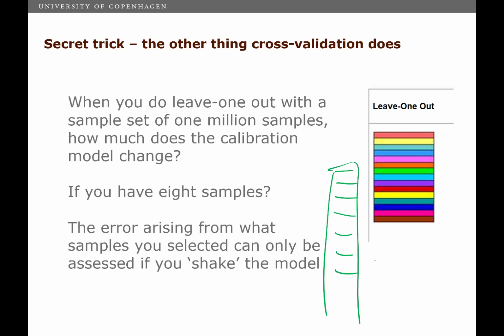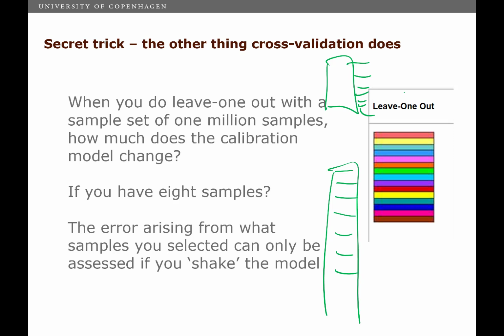And can you imagine how little the calibration model is going to change in these 1 million models? It's basically not going to change at all, because leaving out one sample out of 1 million doesn't change anything. If, on the other hand, you had 8 samples and you did 8 different models, then these models could clearly change quite a bit when you leave out a sample.